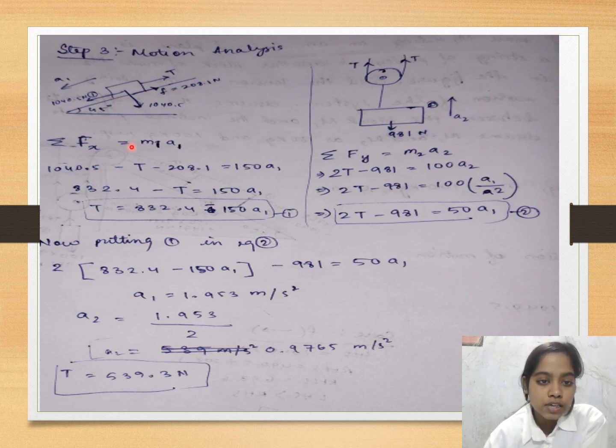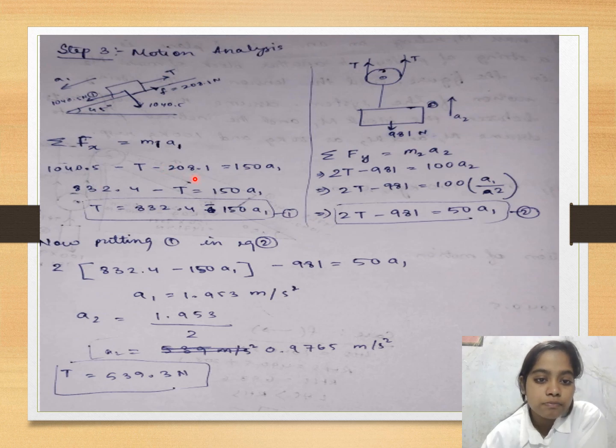So for this one, 1040.5 minus T, that means this side, and minus 208.1. By taking 150 as the mass, and a1 we don't know. And 104 is this side, it will be positive.